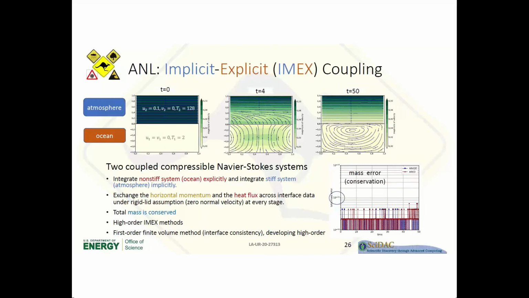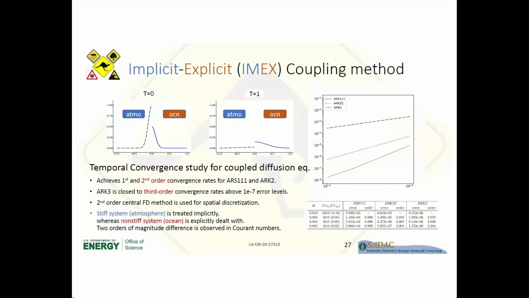So, for example, integrating the ocean forward explicitly and the atmosphere implicitly, but still exchanging horizontal momentum and heat fluxes at every stage. So there are conservative methods here as well, and they show order of convergence for a variety of low and high order approaches in these mixed methods. So this is another case where we're just exploring these new methods to see what might work.